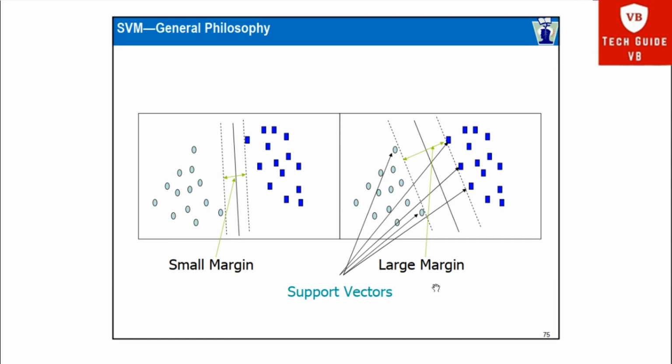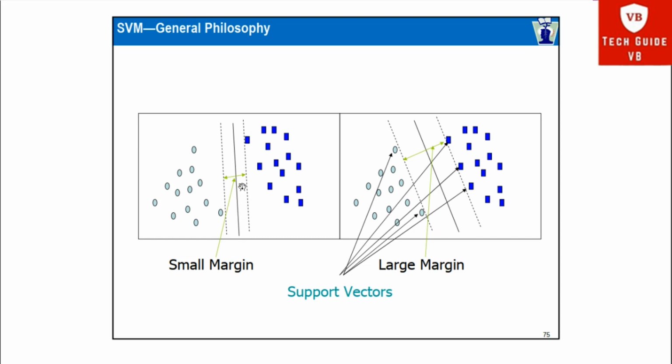Then what is the SVM general philosophy? It separates the training data into two classes. So this is class 1 and this is class 2, and the support vector or classification line has a small margin. This margin is formulated for error minimization.